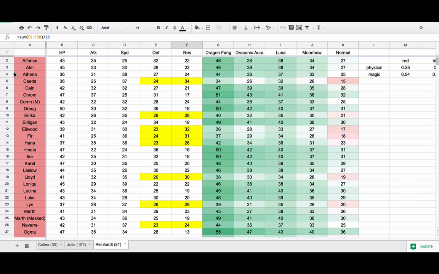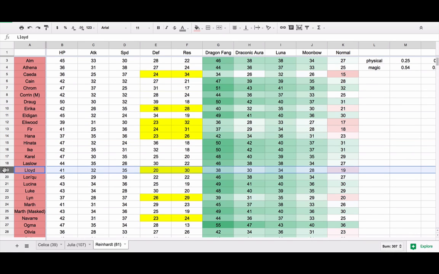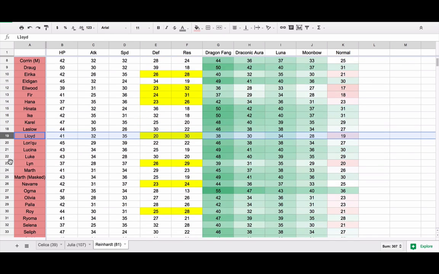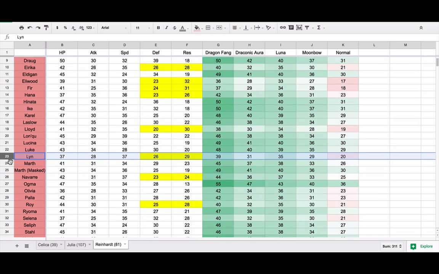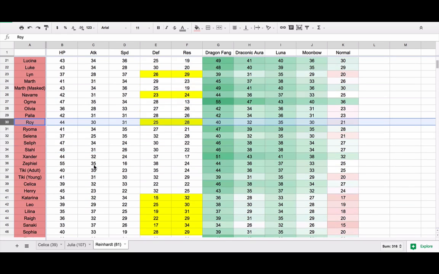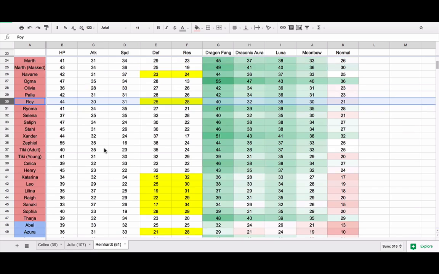Just looking at units that are really common, Erica is a bad example, but like the other highlighted units, Kata is not used a lot. Eliwood, I don't see very much Eliwood, don't see much Fir, don't see much Hana, I haven't seen any Lloyd, don't see any Lyn anymore, but maybe it's just the tier I'm at.